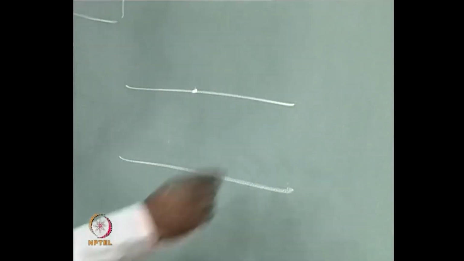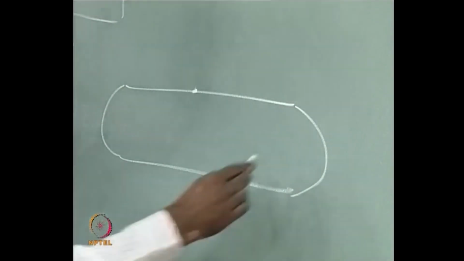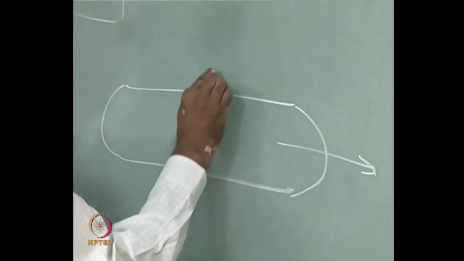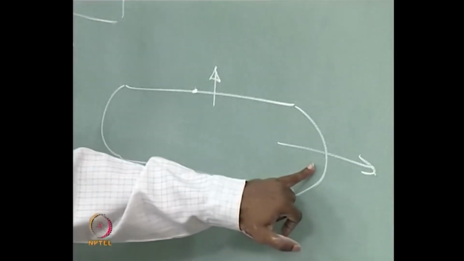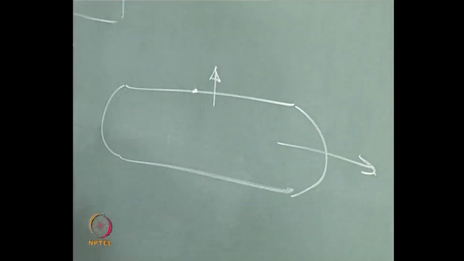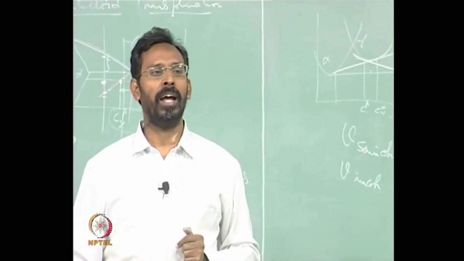this is a coherent or a semi coherent interface, whereas this side is an incoherent interface. You will see that this grows faster when compared to this. This incoherent interface can grow faster, that is why plates grow laterally, they never thicken. So the thickness of the plate does not change during a precipitation reaction.